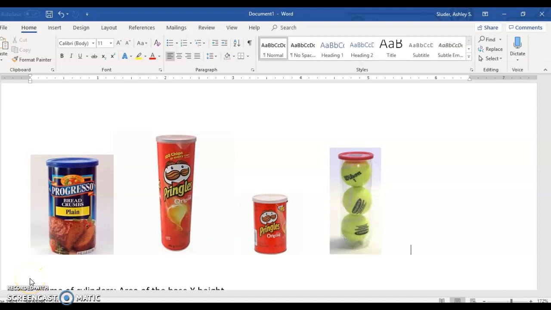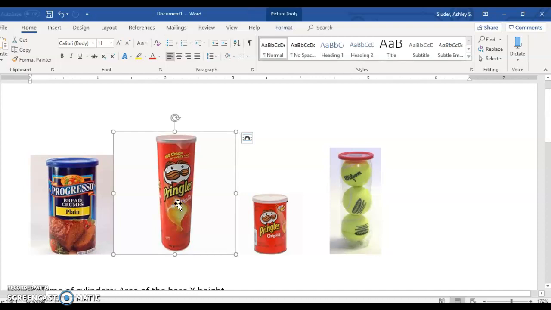Welcome to week 2. Week 2, we're going to start unit 14, which is volume of three-dimensional shapes. So here I have cylinders, and these are just some cylinders that pop into my mind when I think of buying cylinders from the store. The first thing that always comes to my mind is the Pringles can, like the normal Pringles can that you buy from Walmart compared to the Pringles can that you'd buy from the dollar store.